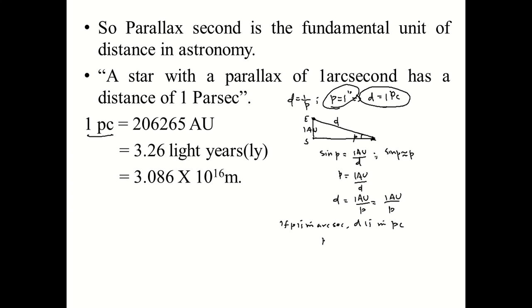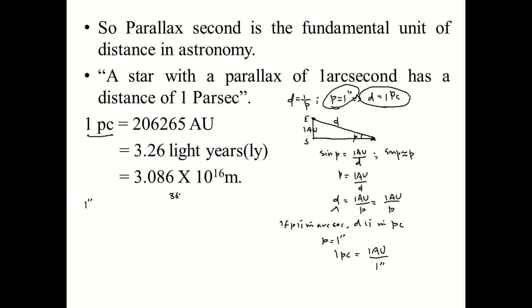So put p is equal to 1 arc second in this equation. We will get d as 1 pc is equal to 1 astronomical unit divided by 1 arc second. Now we will convert this 1 arc second to radians.